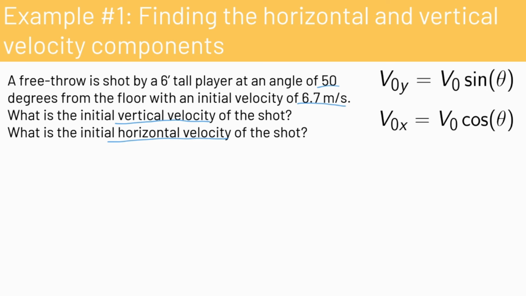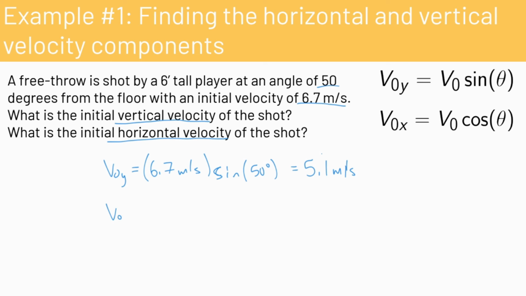So for our initial vertical velocity, we're going to do 6.7 meters per second times sine of 50 degrees. And that's going to give us a vertical component of 5.1 meters per second.